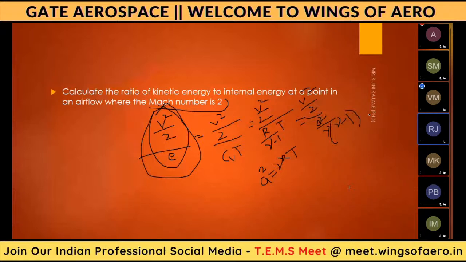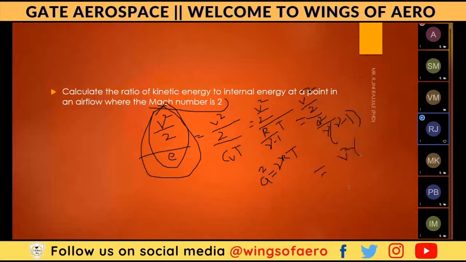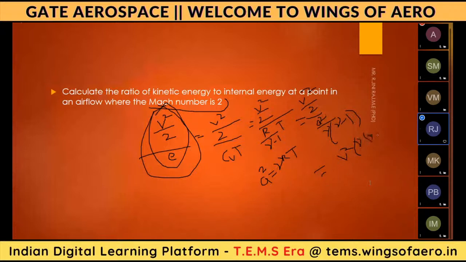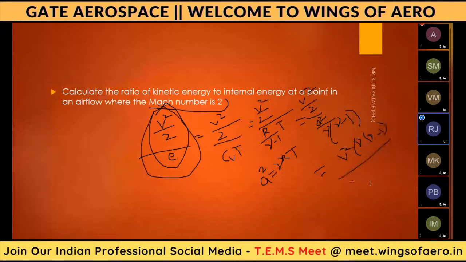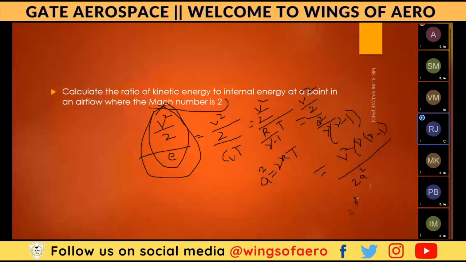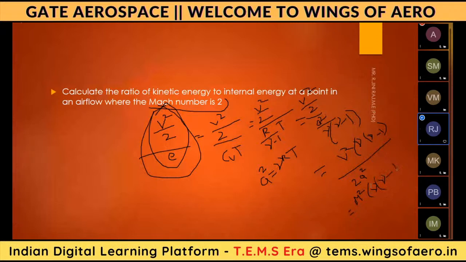So that is equal to V squared into gamma into gamma minus 1 divided by 2 into a squared. V squared by a squared we can write as M squared into gamma minus 1 divided by 2.